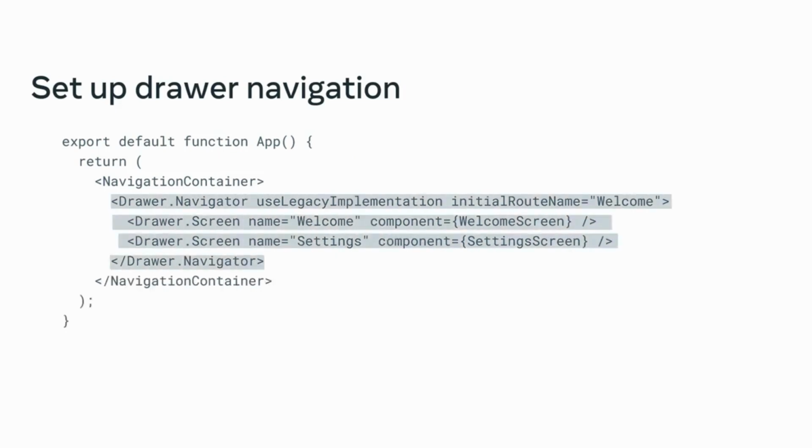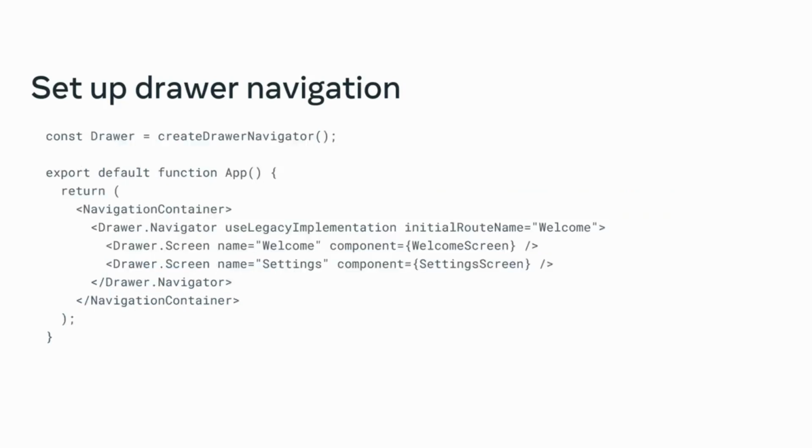You will initialize all the screens that you can navigate to via the drawer. As previously said, in this example there are two screens, the welcome screen and the settings screen. Within the drawer screen component, make sure to provide a name for each drawer screen. This is usually displayed on the top of the screen. And to the component prop, simply provide the component name. This is the minimal setup that you need to create drawer navigation using React Navigation.